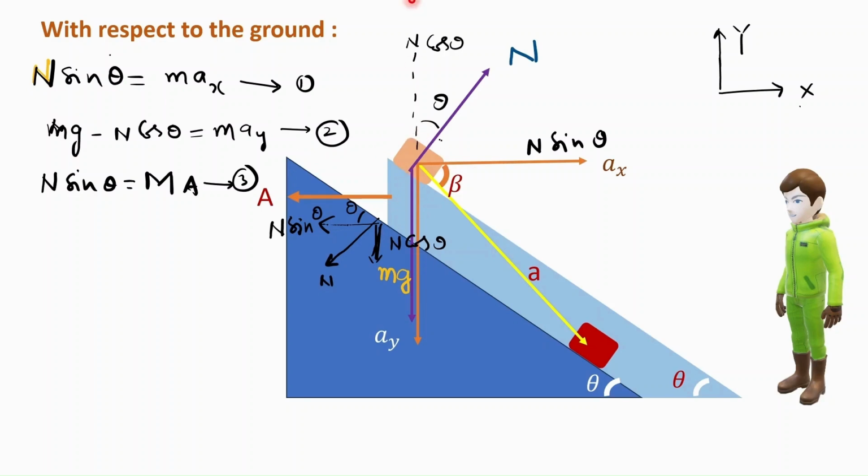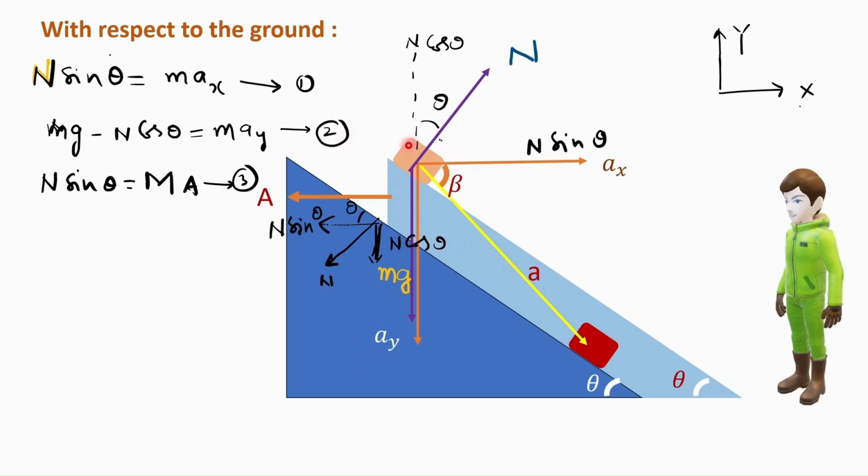On this block in the vertical direction, the forces acting are mg and n cos theta. As a result, this block is going down, therefore mg minus n cos theta is equal to mass of the block times the acceleration of the block in the downward direction, that is ay. This is equation number 2.